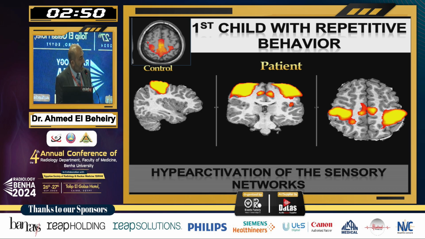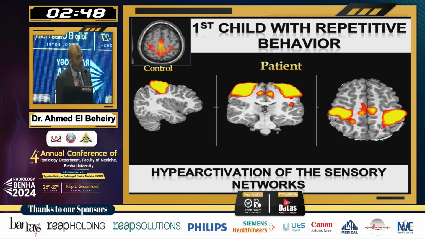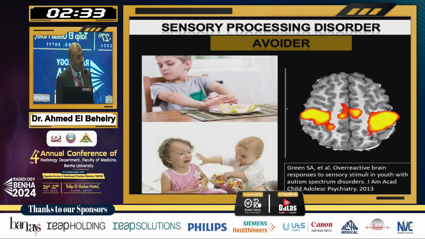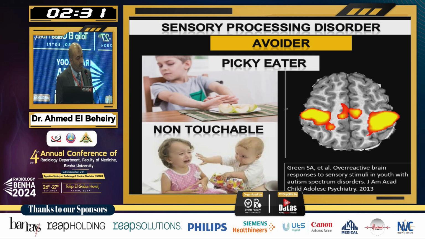This child had hyperfunctioning or hyperactivation of the sensory network, which means that he is receiving too much sensory stimuli. This leads to what is known as traffic jam in the brain. This child tries to avoid these too much sensory stimuli by becoming an avoider personality. Avoider sensory processing disorder. He becomes picky eater.